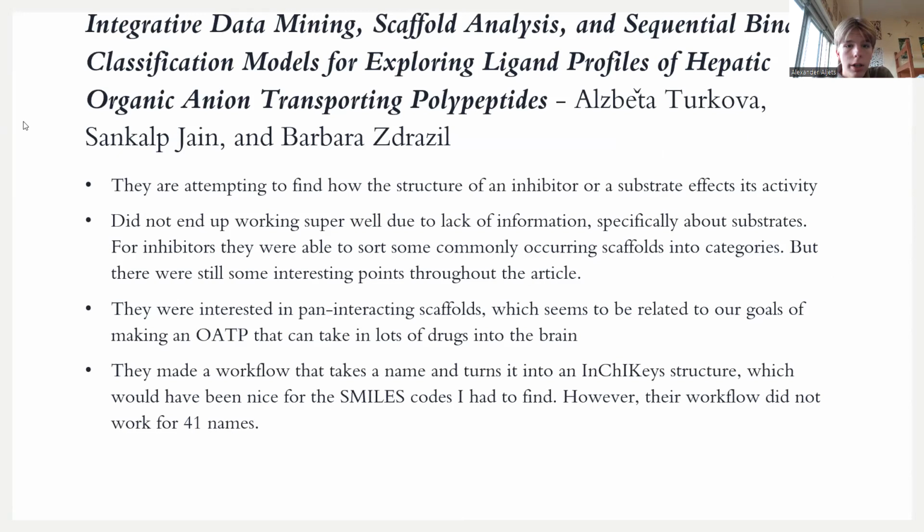And then the article, I don't know what the title is. It was one of the ones that a lot of the substrate data came from, because they gathered a bunch of substrate data and inhibitor data. They were trying to find how structures of either inhibitors or substrates affect their activity.